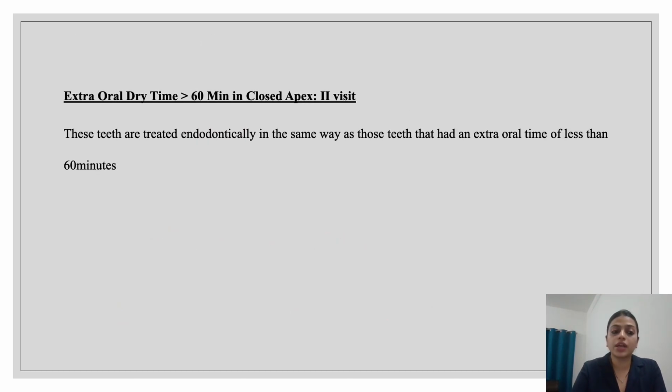If the extraoral dry time is more than 60 minutes in a closed apex, then these teeth are treated endodontically in the same way as those which are treated with an extraoral time of less than 60 minutes.